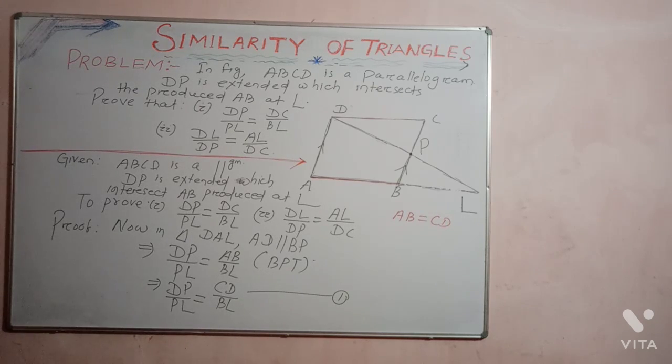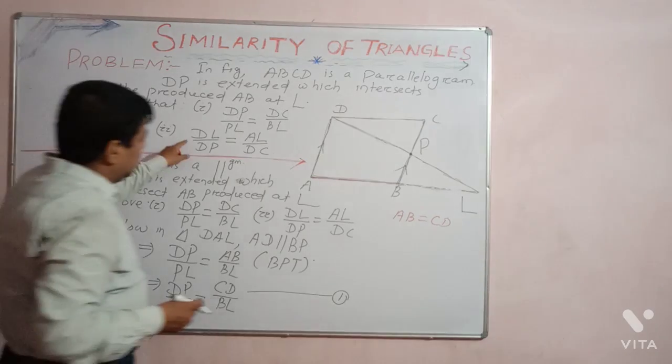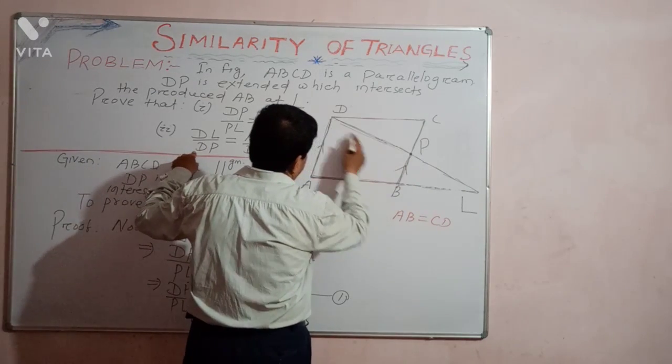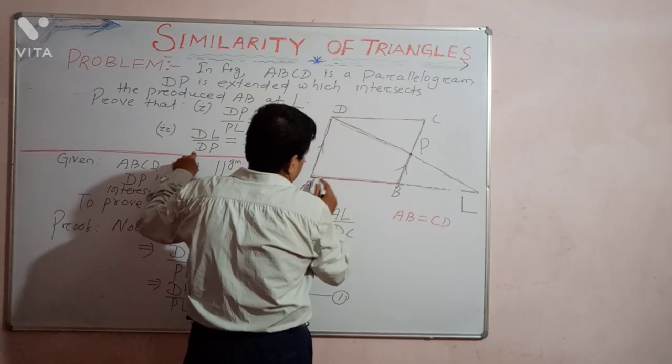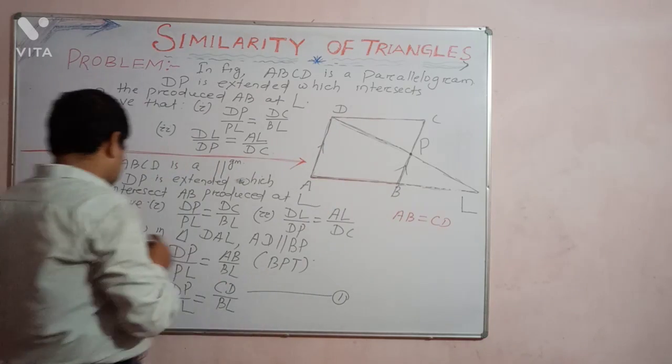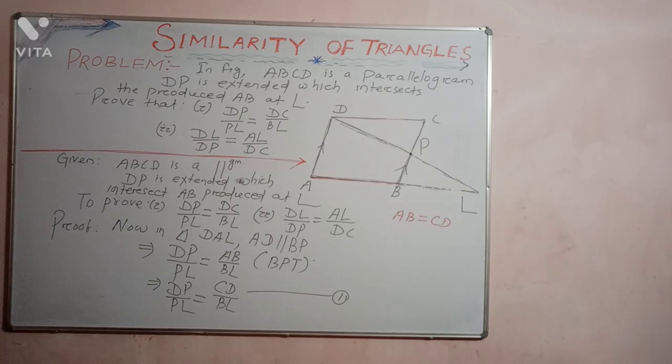Now second, we have to prove that DL by DP is equal to AL by DC. Yes or no? Let's see this one. Note down. Understood?